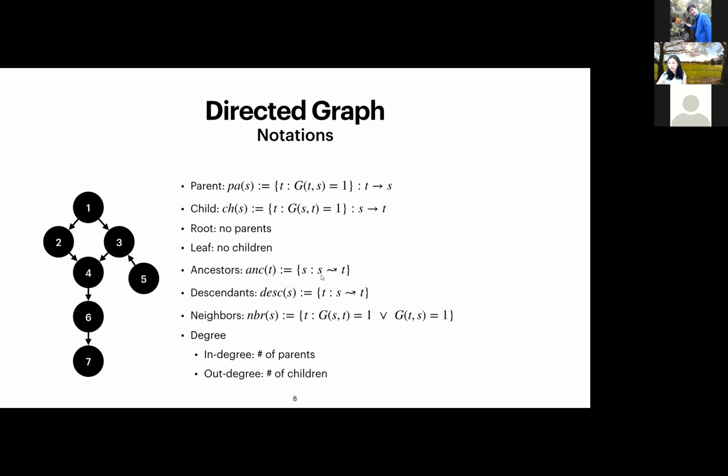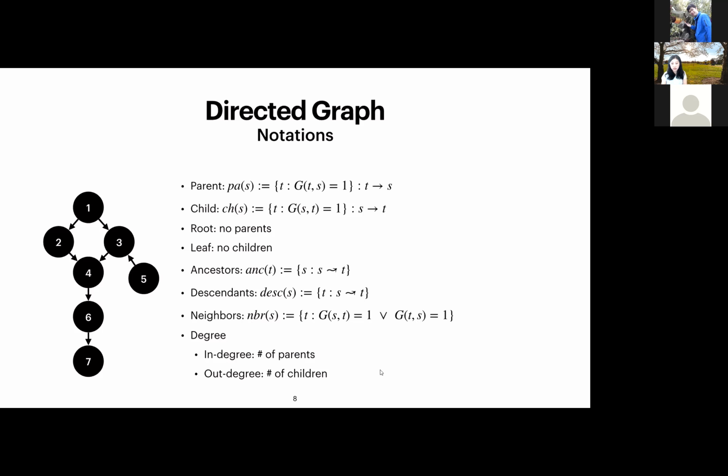For ancestors, for any S, as long as there is a path from S to T, then S is an ancestor of T. And similarly, if there is a path from S to T, then T is a descendant of S. Neighbors: as long as either G_ST is 1 or G_TS is 1, T is a neighbor of S. The in-degree is the number of parents and the out-degree is the number of children.